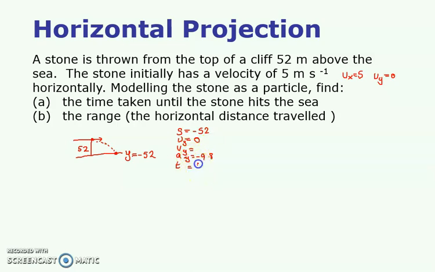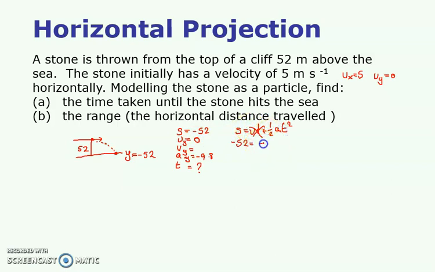What do I want? The time taken. Now, I've probably got enough information to work that out. So I think that is s equals ut plus a half at squared. Notice I've got uy equals 0 because there was no downward velocity initially. Minus 52 equals 0 times t, which is 0, so I can completely ignore that.